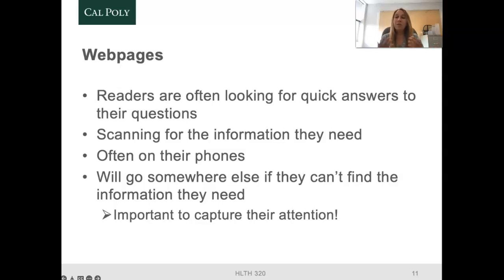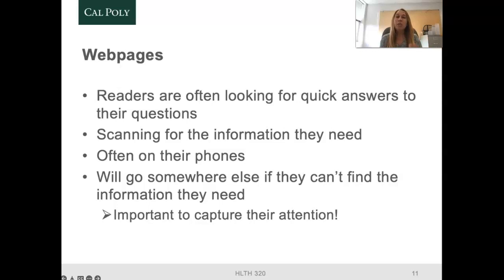And one of the things about the internet is that there are a lot of pages. So if an audience, or a target person you're trying to reach, cannot find that information on your page immediately, they're going to go somewhere else, right? They've got a lot of different options in terms of information that is available online.